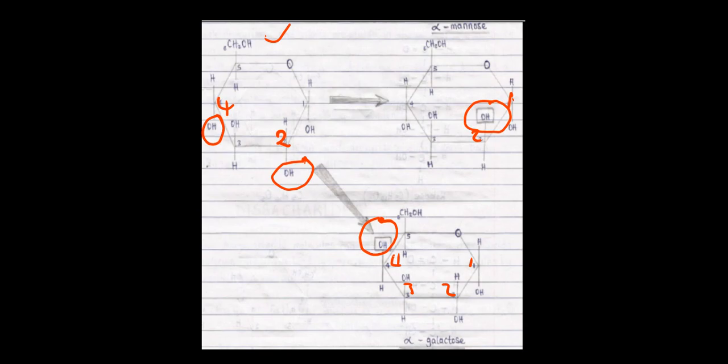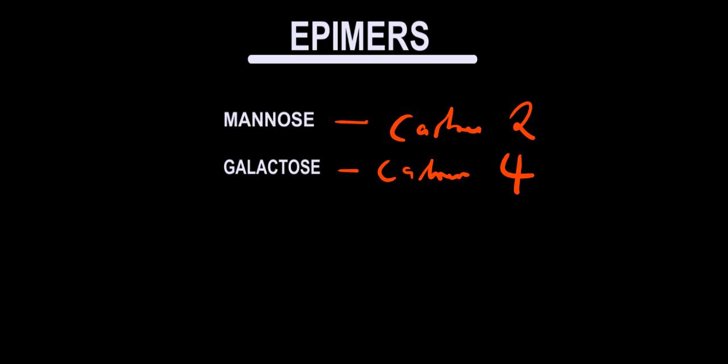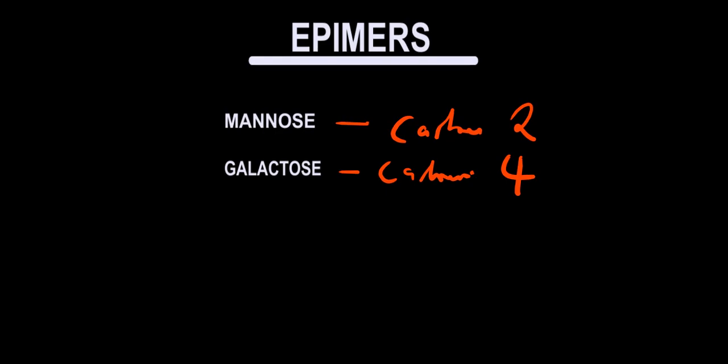That's where they differ. That's why we said galactose is an epimer of glucose on position number 4, and mannose is an epimer of glucose on position number 2. You must remember these ones because I've seen a lot of questions come up differentiating the two.